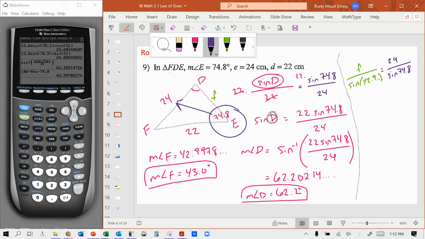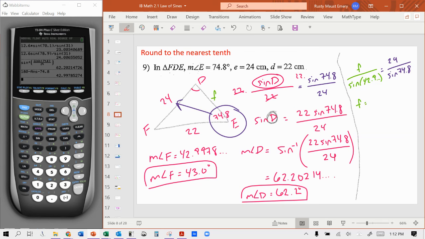So my calculation in my calculator is going to end up being F equals 24 sine of 42.9..., so that's, again, this decimal is the unrounded answer I'm using, over sine of 74.8.